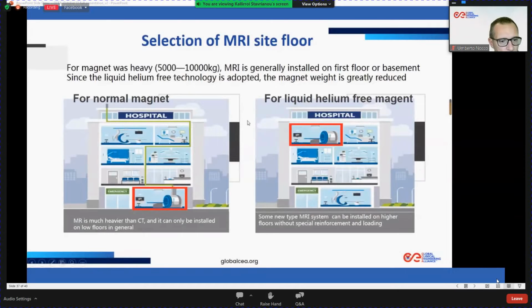But in recent years, with new magnet development using liquid helium free technology, the magnet weight is greatly reduced. So this new type of MR system can be installed on a higher floor without special reinforcement of the loading.